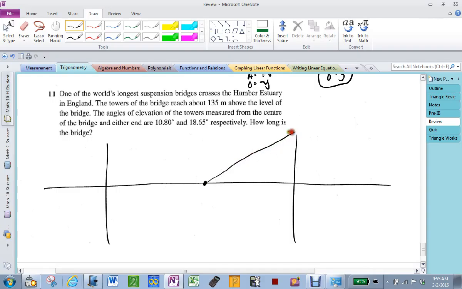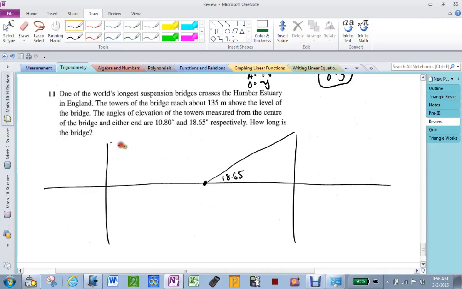One of the elevations is what? 18.65, yeah? Everybody cool? Right? And read the angles of elevation measured from the center and either end. So where does my other triangle have to go?